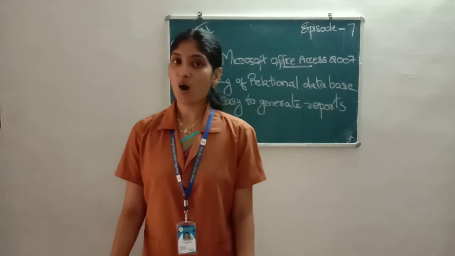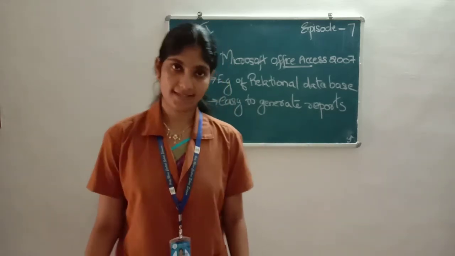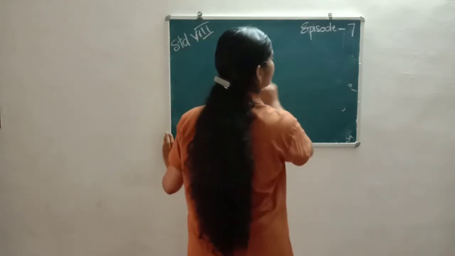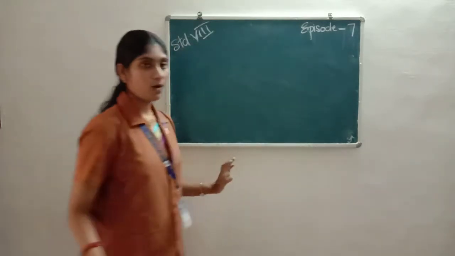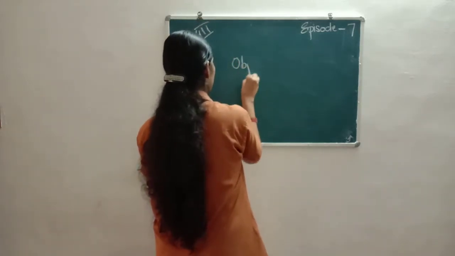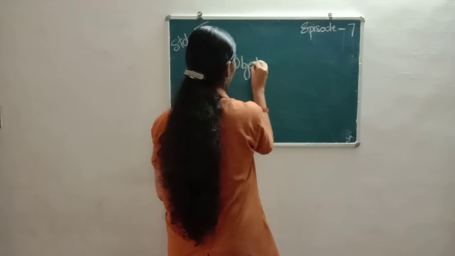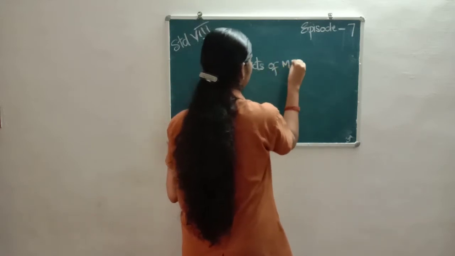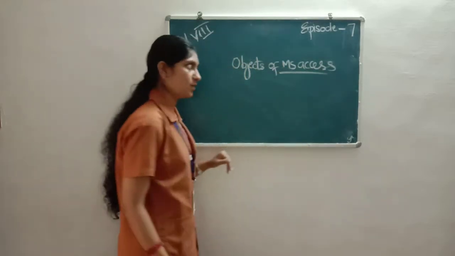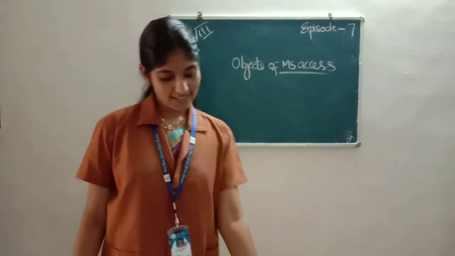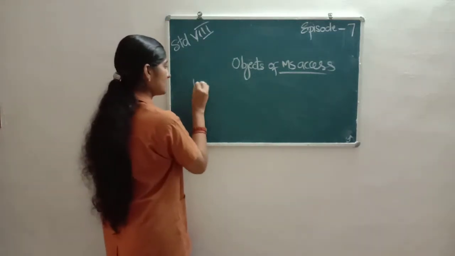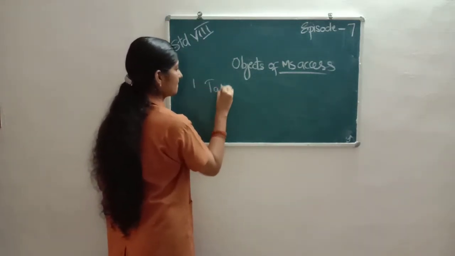Next topic is objects of MS Access. Let's see what the objects of MS Access are. First object is tables.